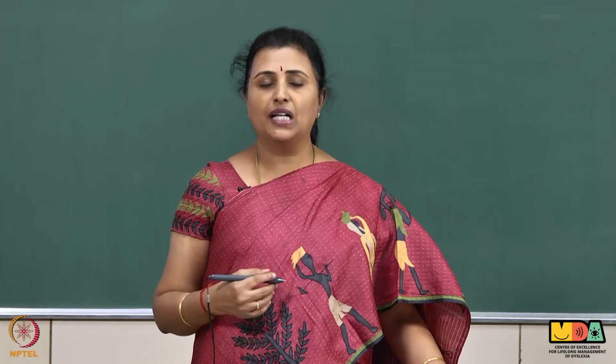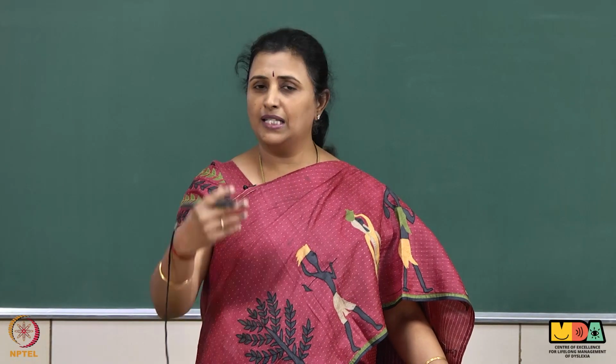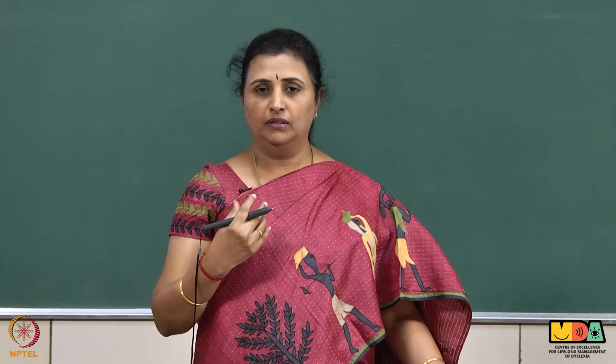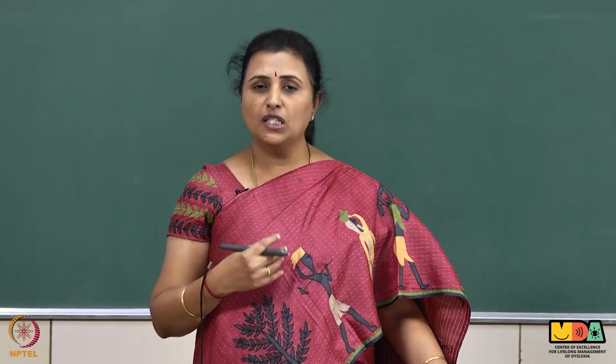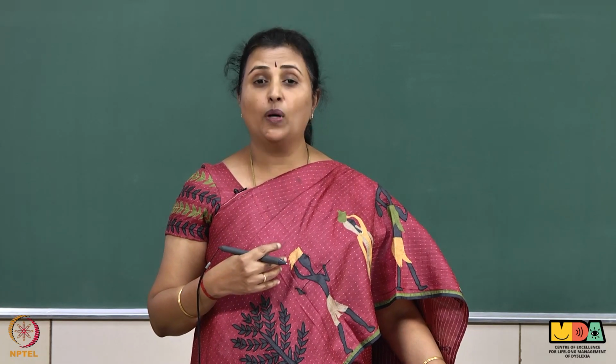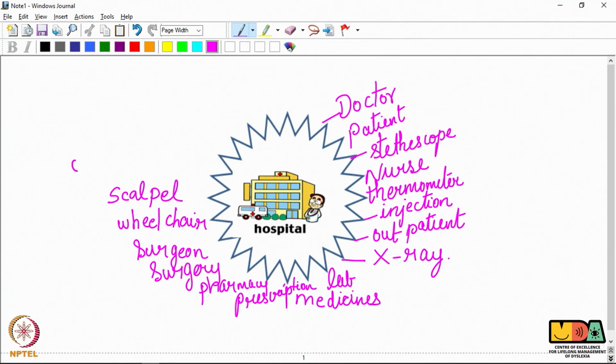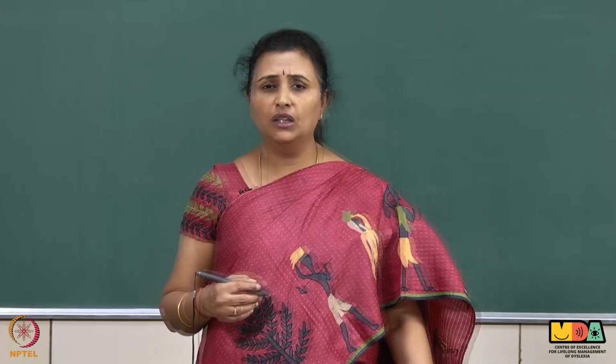After having done our surgery, there is something like they keep a mask, right? They provide oxygen to us. It is called an oxygen cylinder. Where else have you seen oxygen?